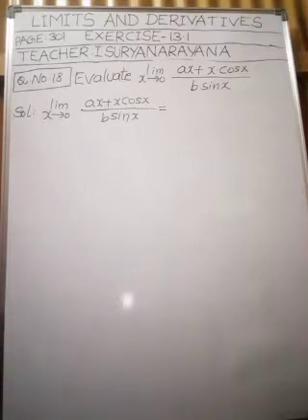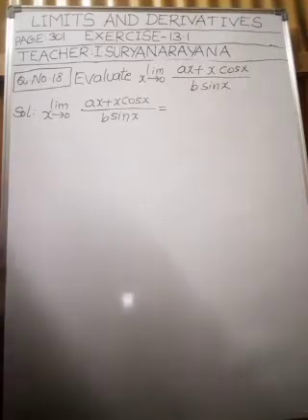Okay, my children. For every question, when you are evaluating the limit of a function, the first and foremost method is the substitution method only. If that method is failed, then you go to some other method. Okay, my children, understood the point? Keep this point in your mind, my dear children.